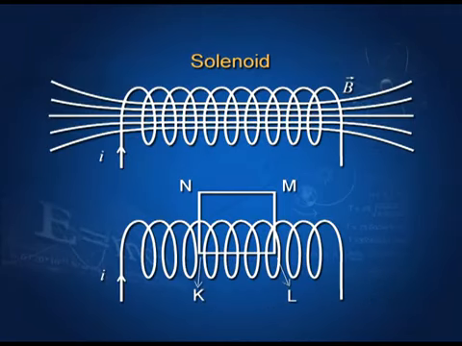In the diagram, it is clearly shown that B dot dl over the loop makes different angles at different parts. So, let us study the situation.